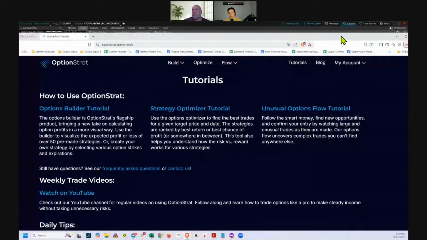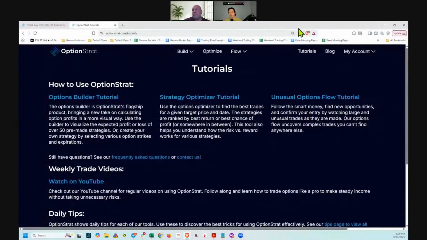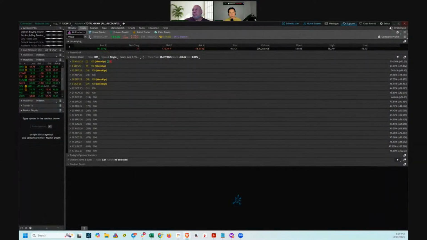That's called a calendar spread, and that's exactly the premise of my morning payout program. So I do this on an overnight basis. I do this in the SPY.